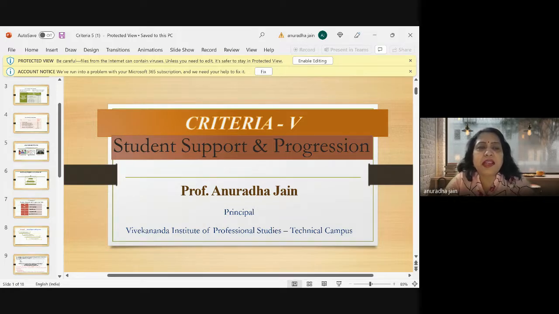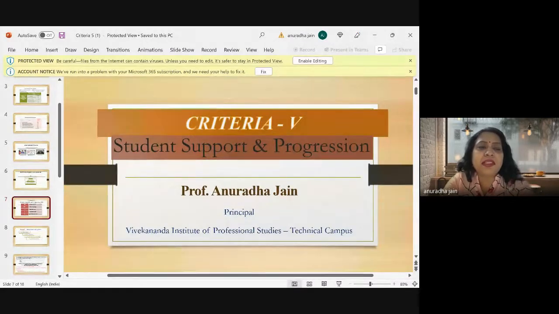They calculate points on a 0 to 4 point Likert scale, multiply the points by the weightage given to that particular metric, and then calculate the overall average. The system is very transparent: 70% of the assessment is done by a third party and is related to quantitative metrics, and the qualitative metrics, weighted at 30% of the total 1,000 marks, are assessed by the peer team members when they visit.